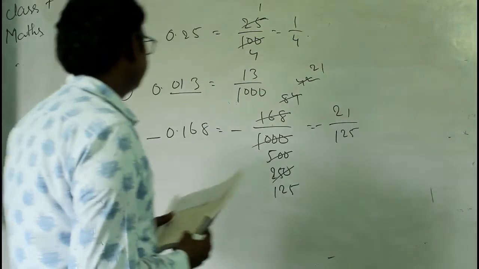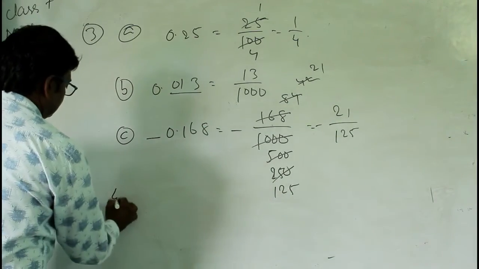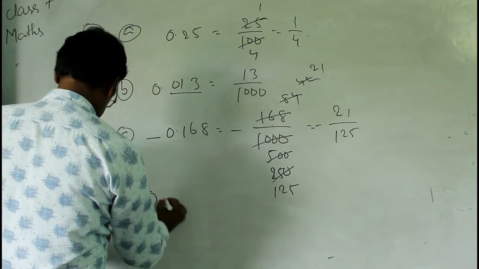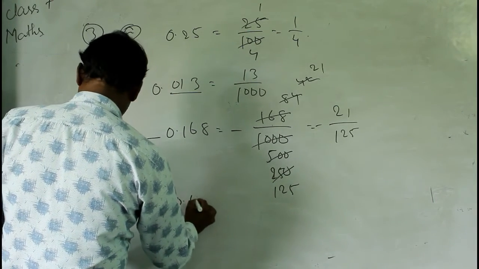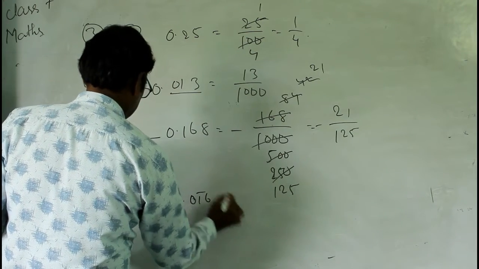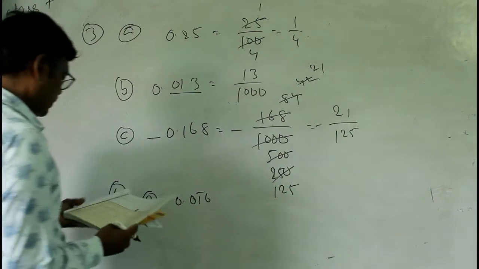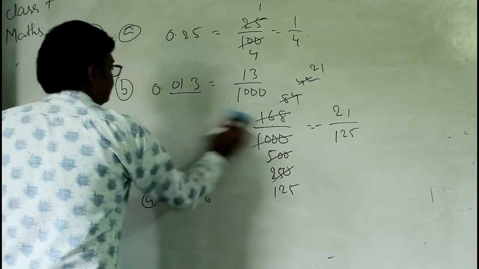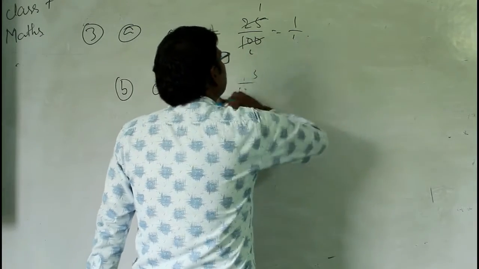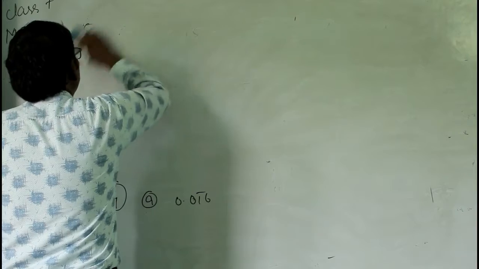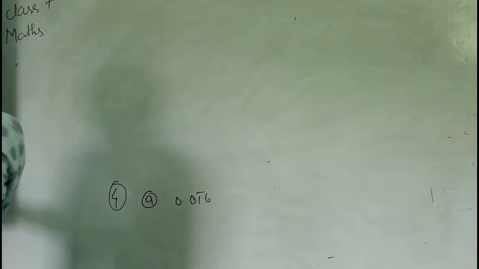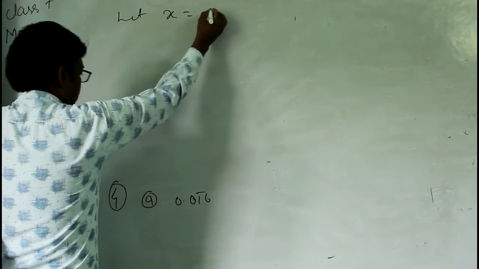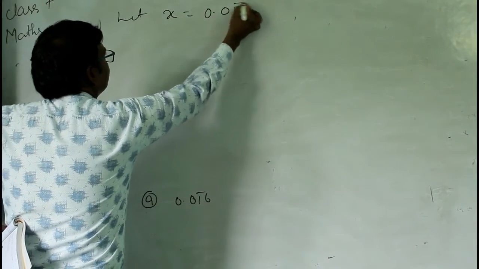Now question number 4. You have here A, 0.016 bar, and we have to express it as a rational number. So how will we do it? Let x equal to 0.016 bar.